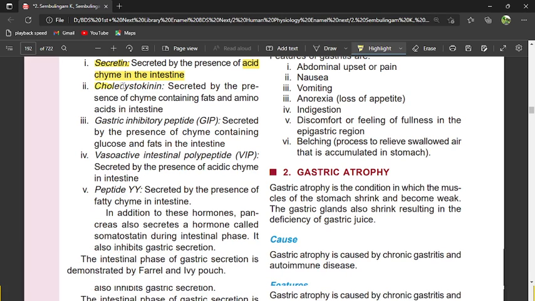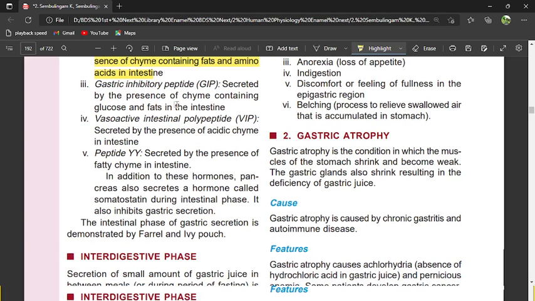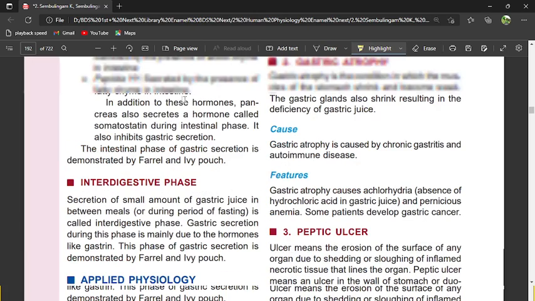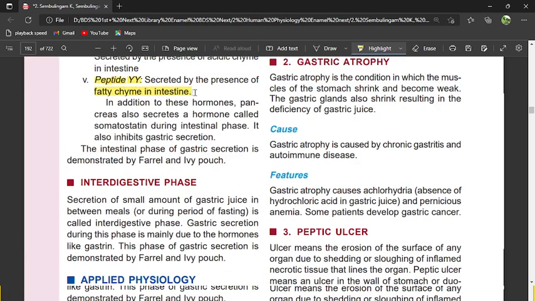Next is cholecystokinin, in the presence of chyme containing fatty acids and amino acids. Next is gastric inhibitory peptide, GIP, in the presence of chyme containing glucose. Vasoactive intestinal peptide, VIP, is secreted in the presence of acid chyme. Then peptide YY is secreted in the presence of fatty chyme in the intestine.